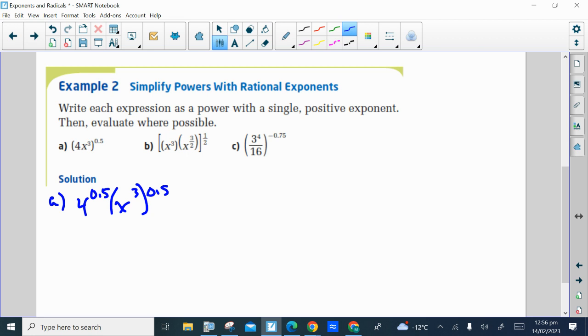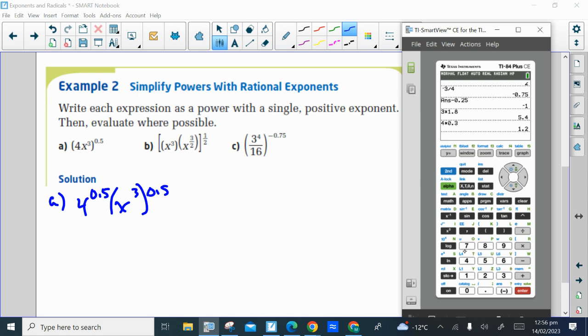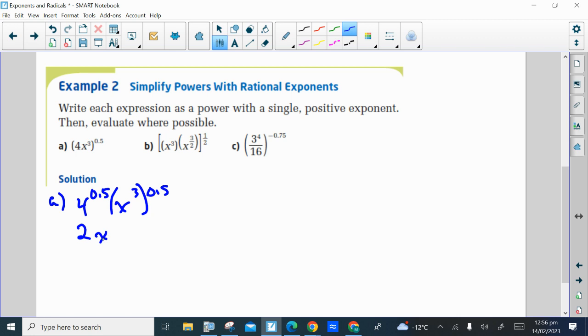The square root of 4 is 2. And you can do that in your calculator if you want. If you go 4 to the power 0.5 as a decimal, it'll do it. 0.5 is the same as a half. And we saw on that first page that power half means square root. So this will be 2x to the 1.5. And there's our answer. 3 times 0.5 will give us 1.5.